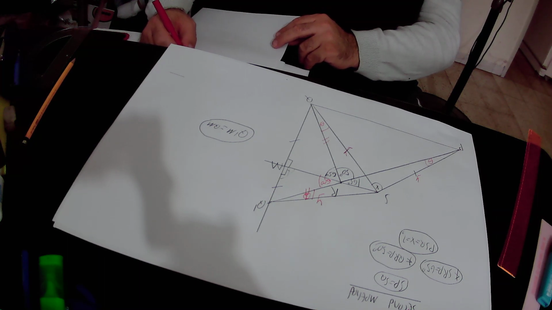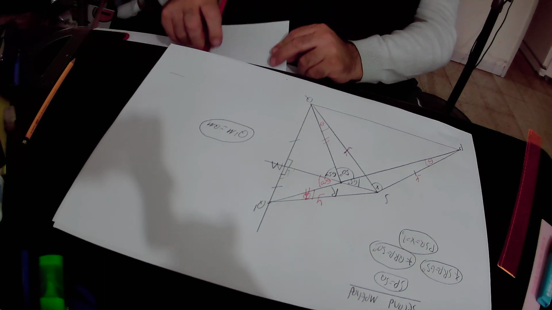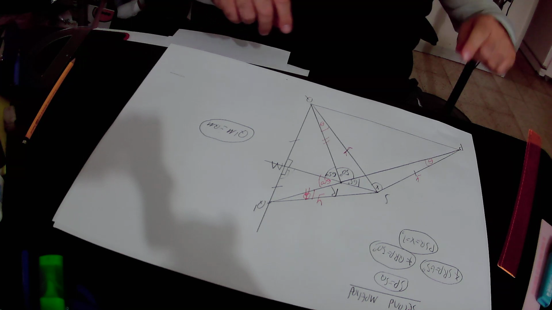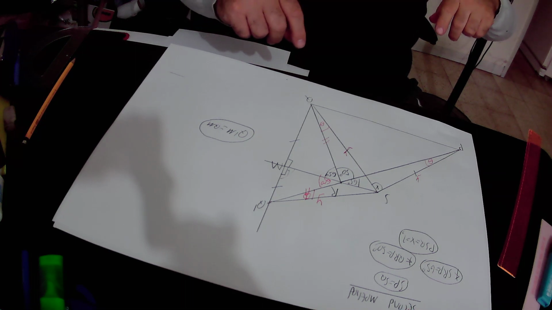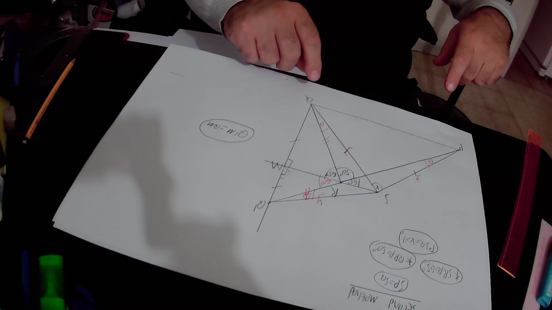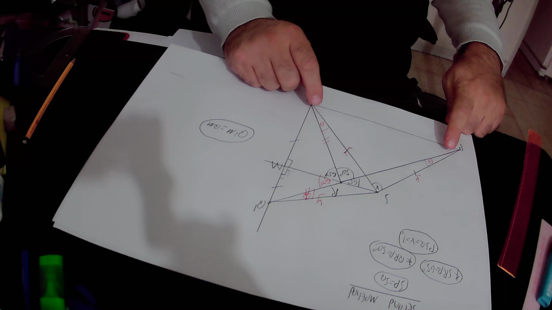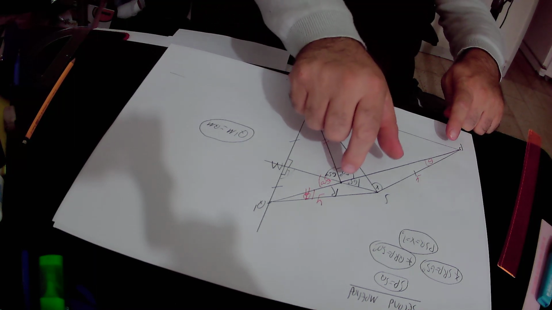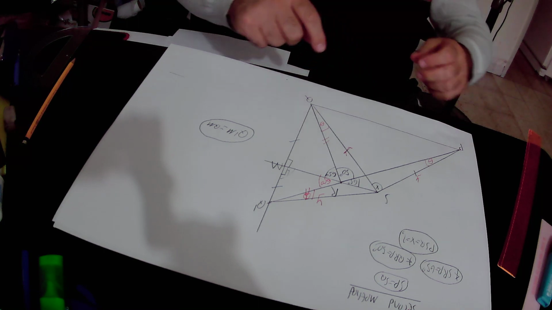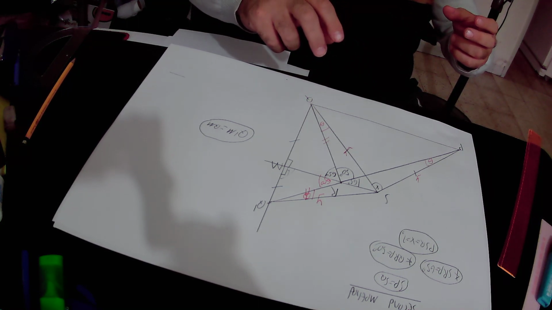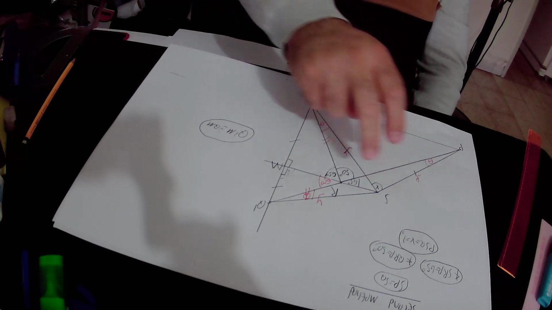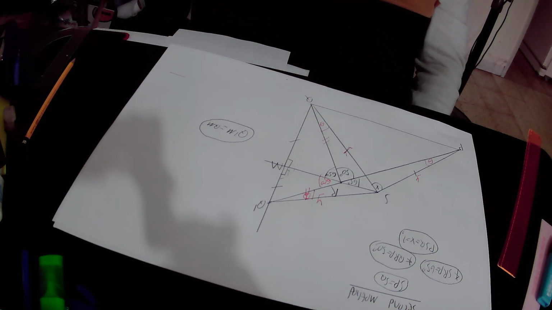In method 1, we used rule number 1, which states that if you have two equal angles that subtend on the same segment line, then you can put the 4 points S, R, Q and P on a circle.